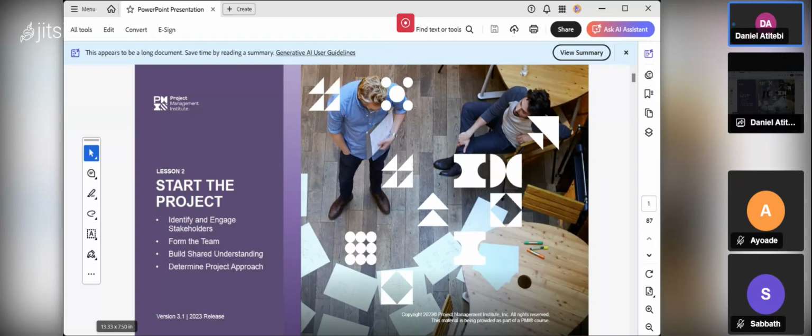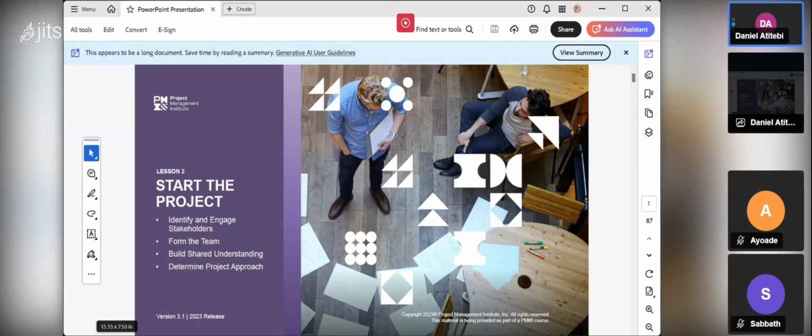Then remember, when you are starting the project, you must also learn to determine the project approach. How do you determine the project approach? The kind of approach you are going to use depends upon the kind of project you are doing. There are some projects that are complex, and some that are simpler, and some that have much risk embedded in them.